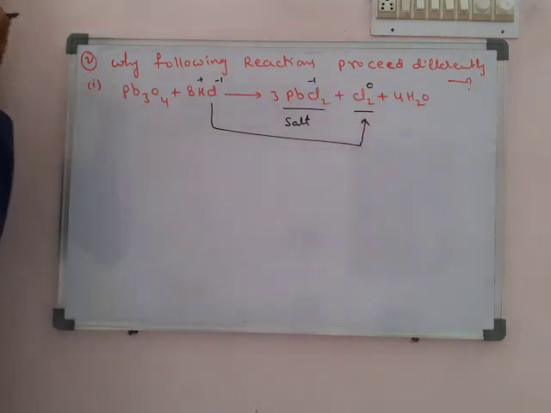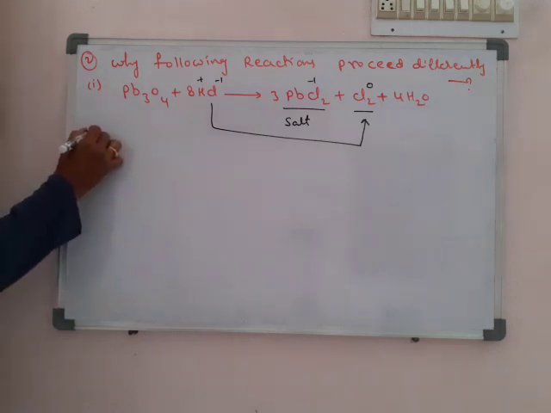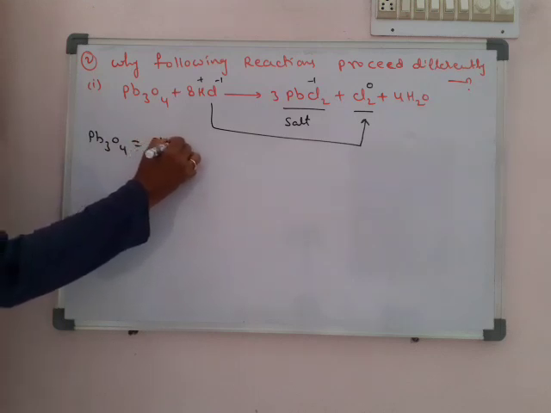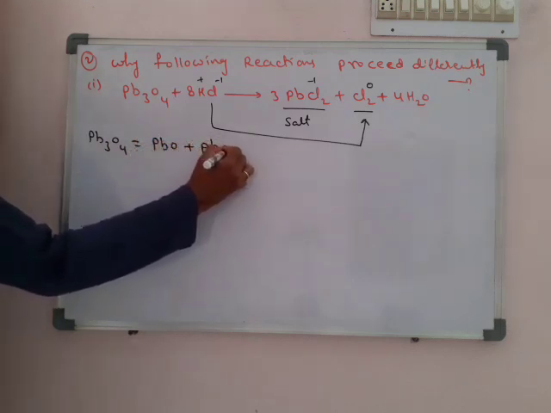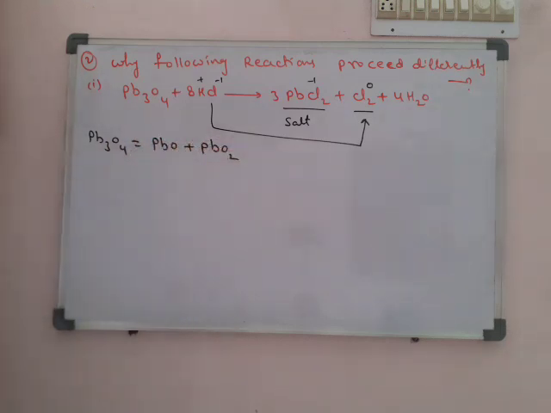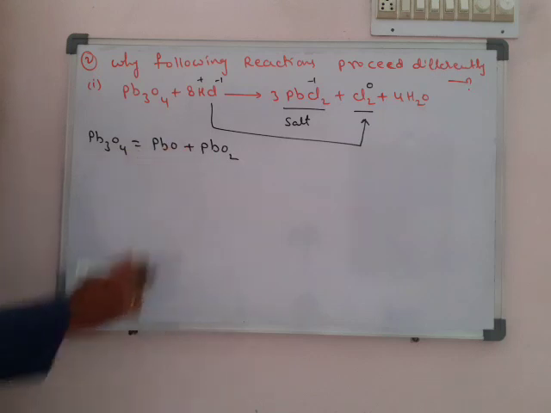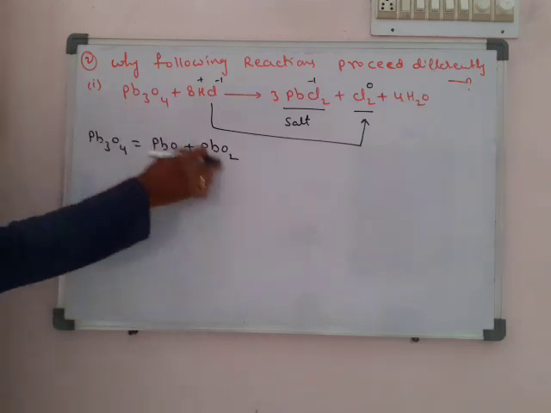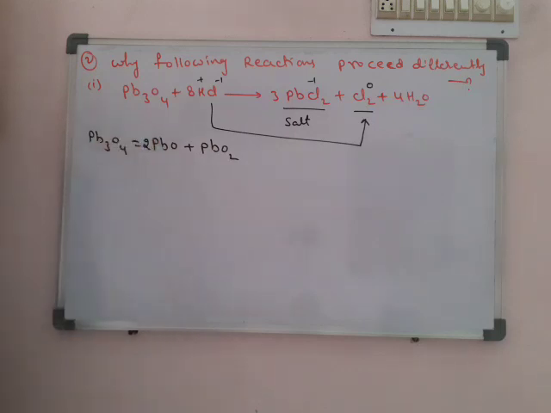So why it is having the different type of products ante, so the main reason is the Pb3O4 is a combination of PbO and PbO2. So total 2PbO molecules and 1 PbO2 molecule.